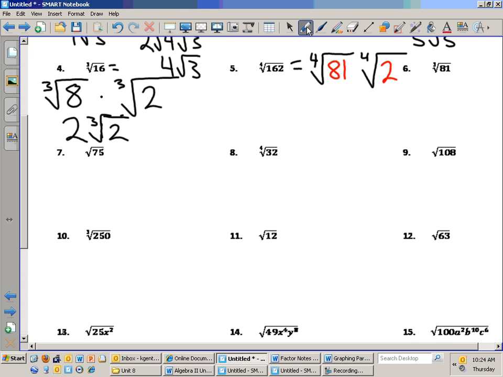What is the fourth root of 81? 3. So you have 3 fourth roots of 2. Now I know that looks strange, but that's what we have. That's the answer.